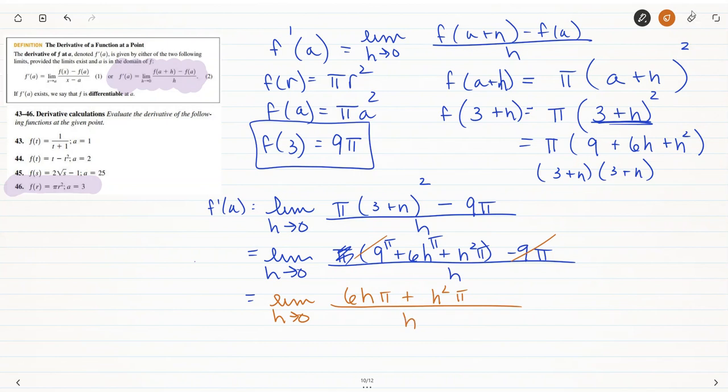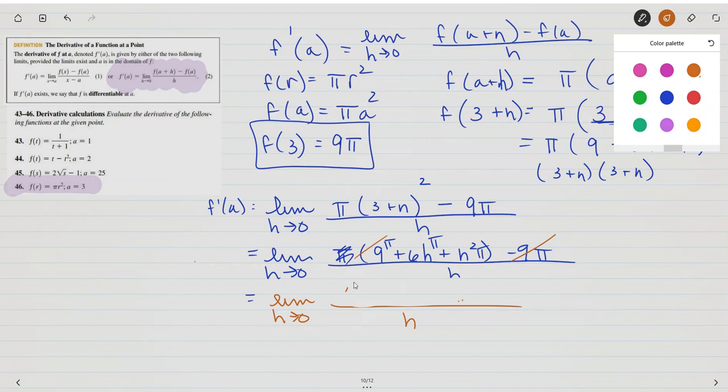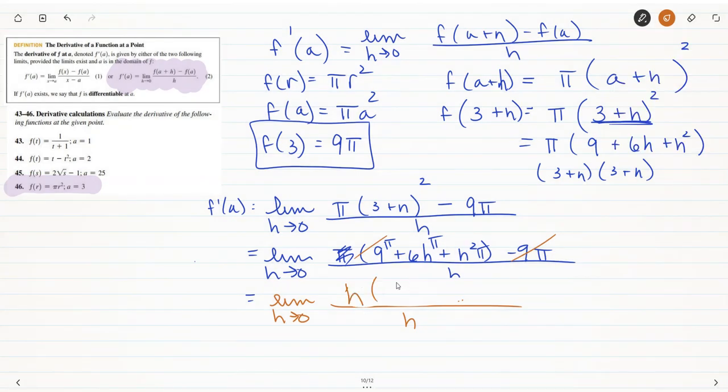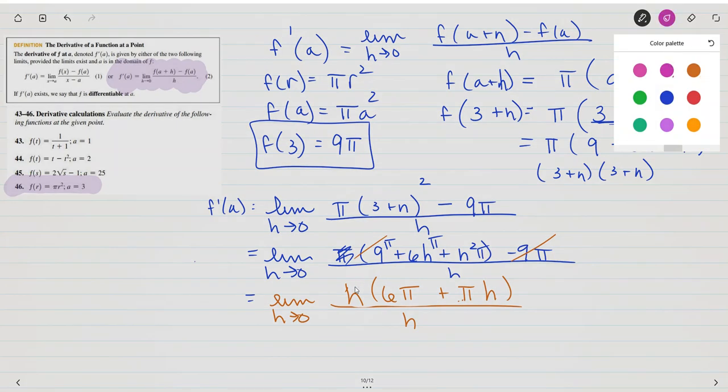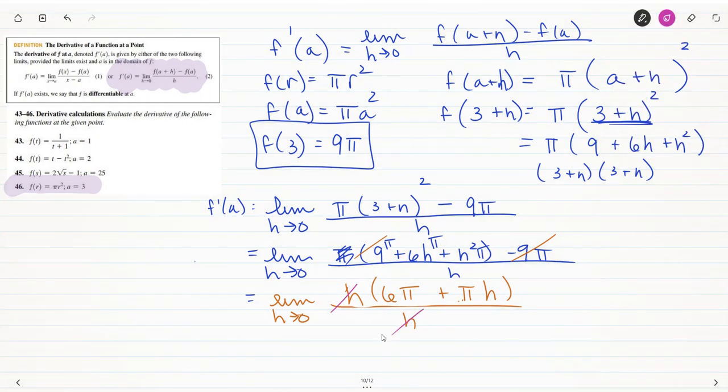I could factor out the h, or I should say factor out one of the h's. 6 pi h divided by h is 6 pi. Pi h squared divided by h is pi h, all divided by h. Do you see why I factored it out? So that I could reduce that, because h over h is 1.